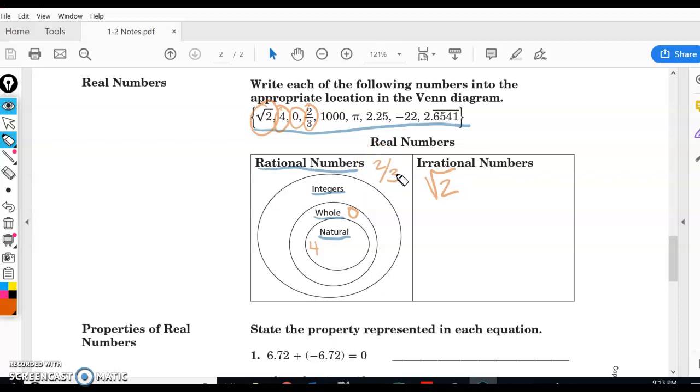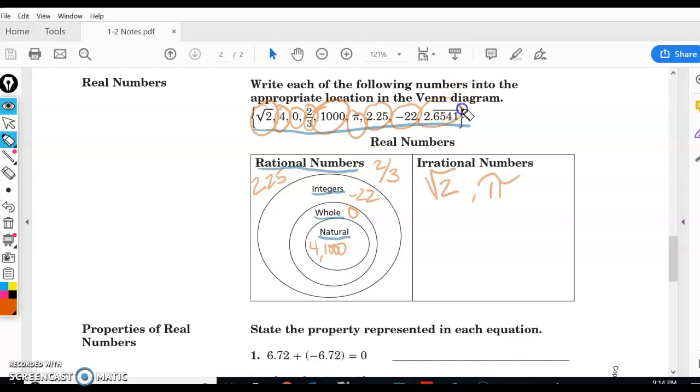It's not an integer, because it's not negative or positive whole numbers. 1,000 is natural. Pi is irrational. 2.25 is a terminating decimal, meaning it stops. It's not an integer, so the smallest it belongs to is rational. -22 is an integer, since it's a positive or negative whole number.